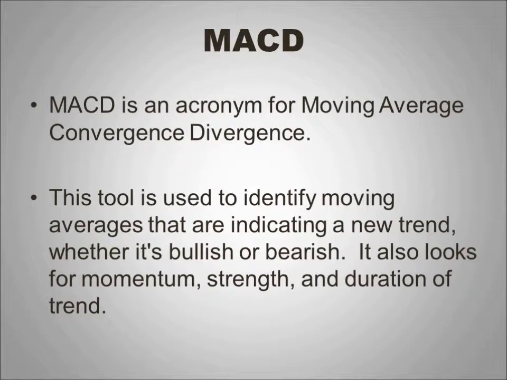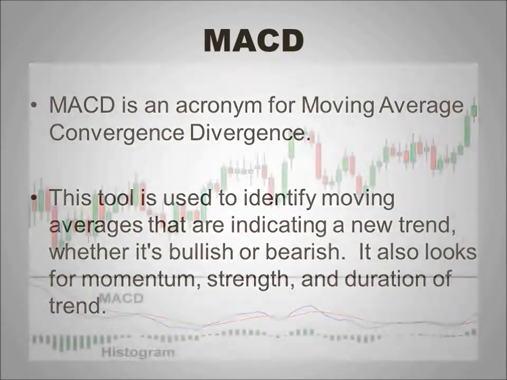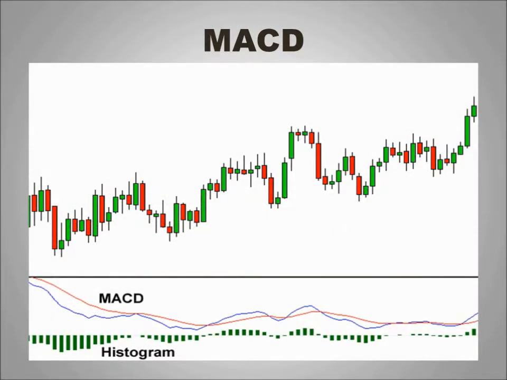When we activate the MACD on our trading platform, the chart will split into two parts. We have our candlestick chart on the top, and we have this chart on the bottom. So we have our two moving averages, and again, the faster moving average is above the slower moving average in a buyer's market.